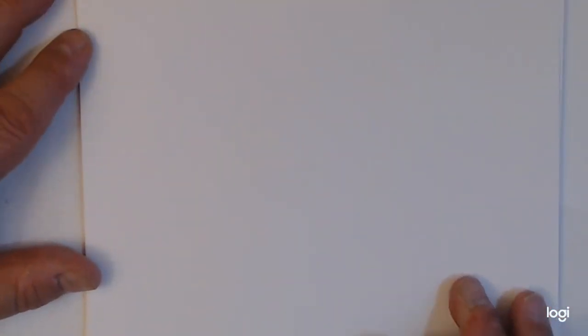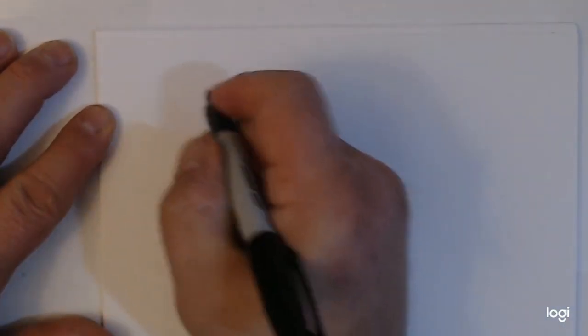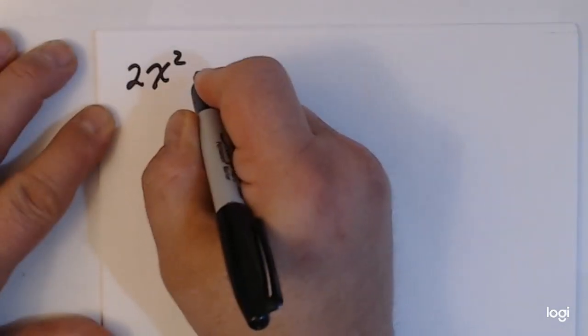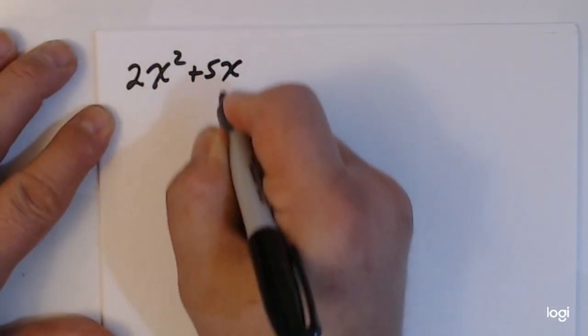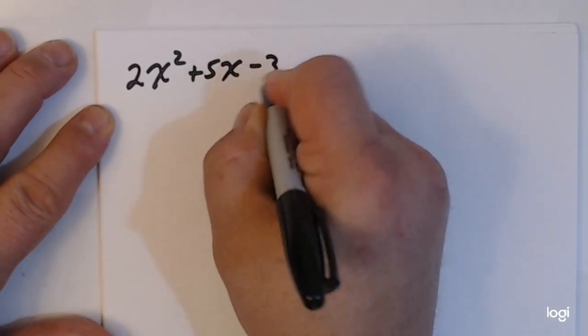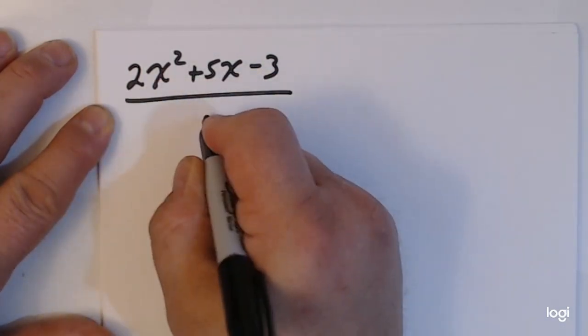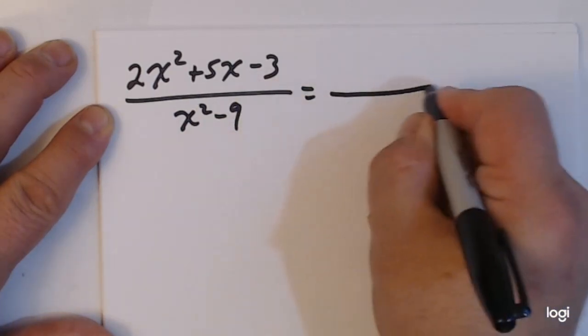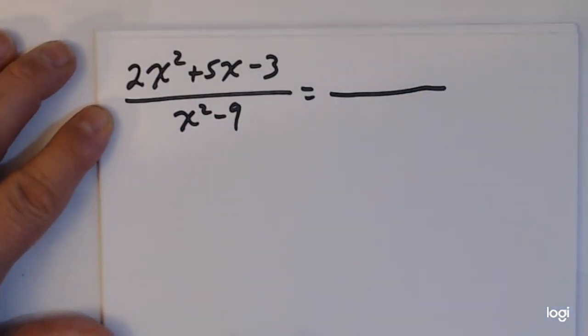Let's see what's next here. Oh, ratcheting it up a little bit I am. 2x squared plus 5x minus 3 over x squared minus 9. Now let's work with the denominator first on this problem.